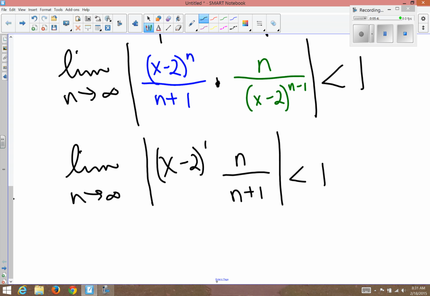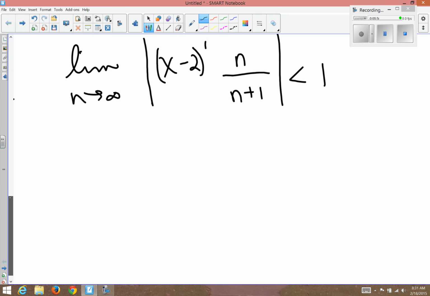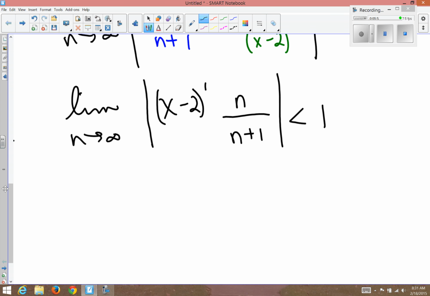Well, since n is approaching infinity, the absolute value of x minus 2 is sort of like a constant, at least in this limit situation.